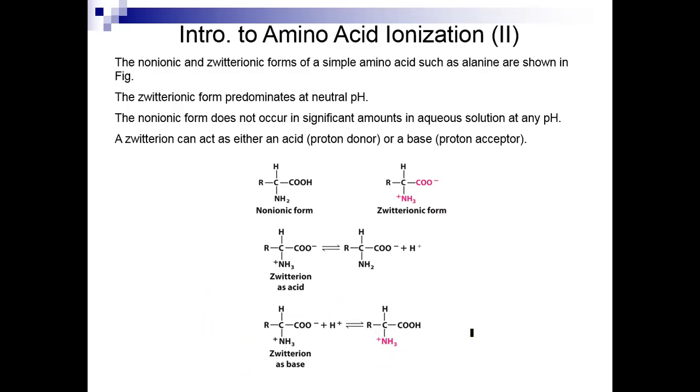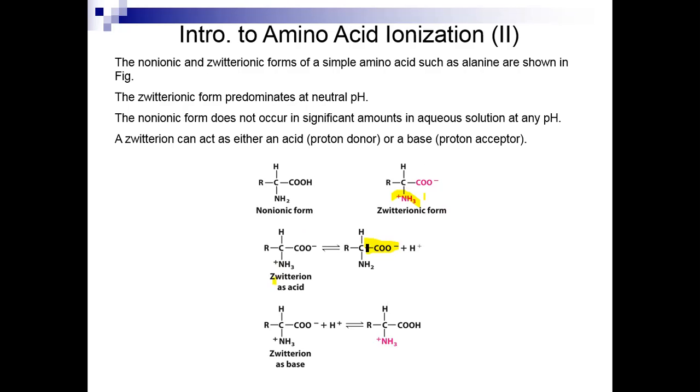If you look at this diagram, this is the non-ionic form of the amino acid, and when it makes the zwitterion, there will be a positive charge and a negative charge. When the zwitterion releases one proton, the negatively charged carboxyl group will impart its charge, and there will be a net negative charge on this molecule.